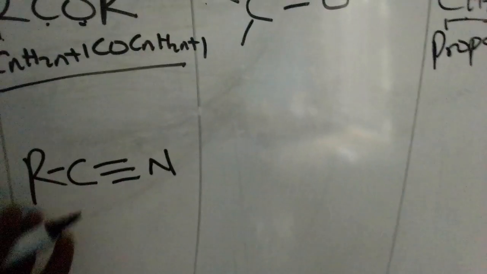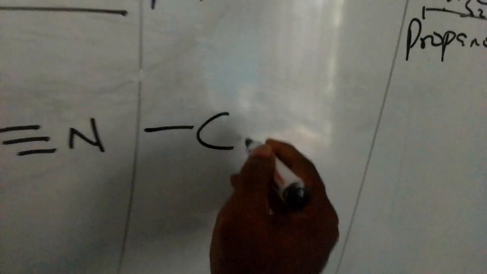The functional group, when we remove the alkyl group, is the nitrile group, or cyano group. For example, I can put any alkyl group here. I can use CH3, I can use C2H5, and I have a nitrile. So I have CH3CN.